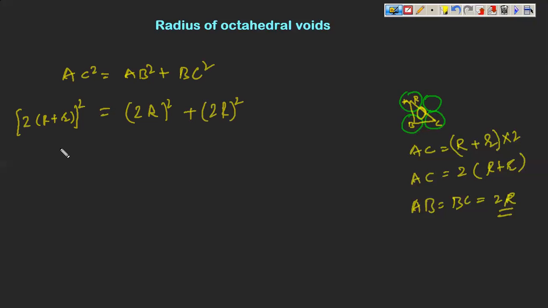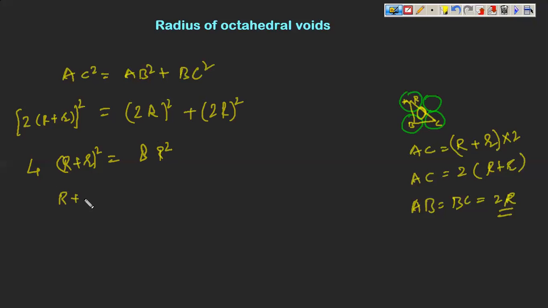Now just open this whole square. It will be 4 times capital R plus small r whole square, and on the other side 4R square plus 4R square, which is equal to 8R square. Now take this 4 to this side.